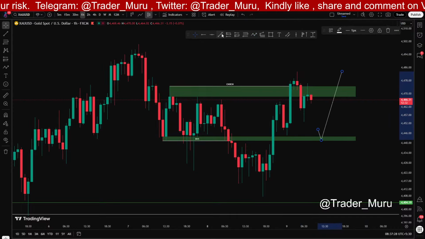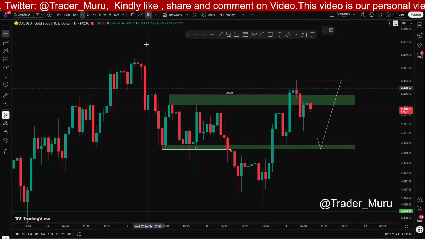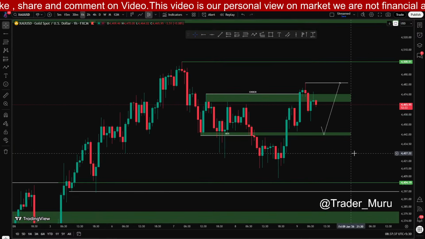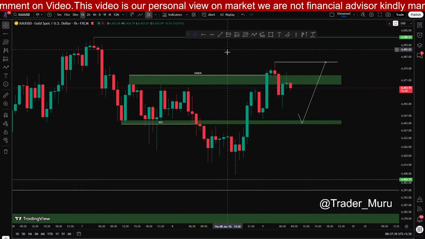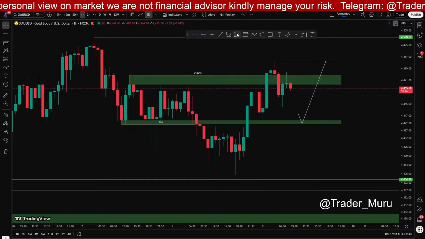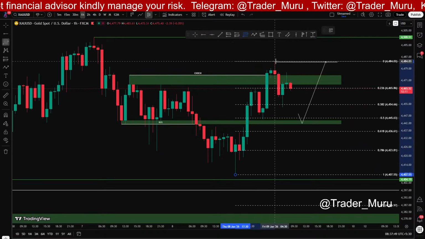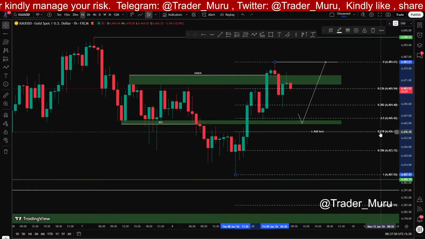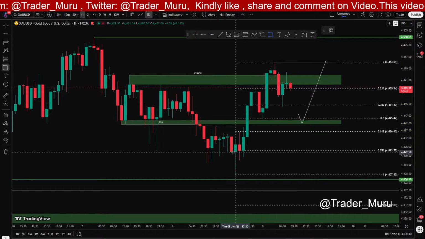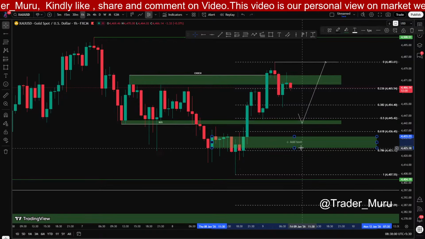First target will be this high, and second target will be this high. And then if this area also does not hold, then price is likely to drop to the 786 to 618% of the fib here in this zone, and we have a decent accumulation to support this area here.